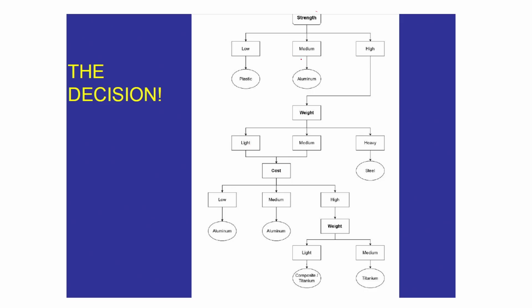You can build tree-like structures. If you look at steel, basically it is high strength, its weight is also heavy, and cost is not written here. So that's steel actually. Aluminum cost can be medium, while titanium is basically high cost, correct. So you can actually make a decision in terms of a tree-like structure.